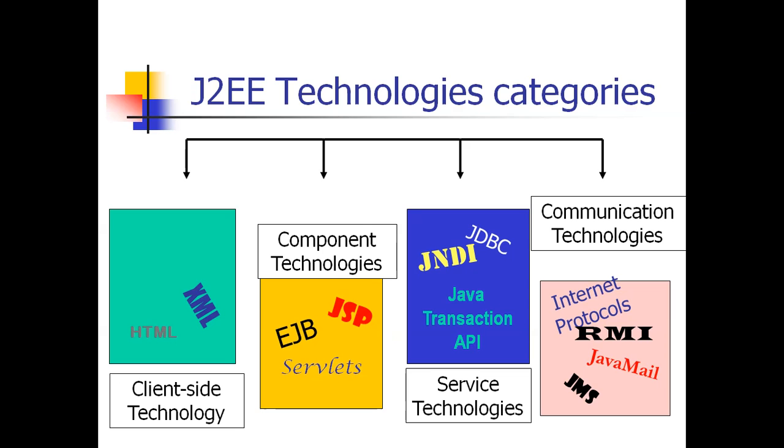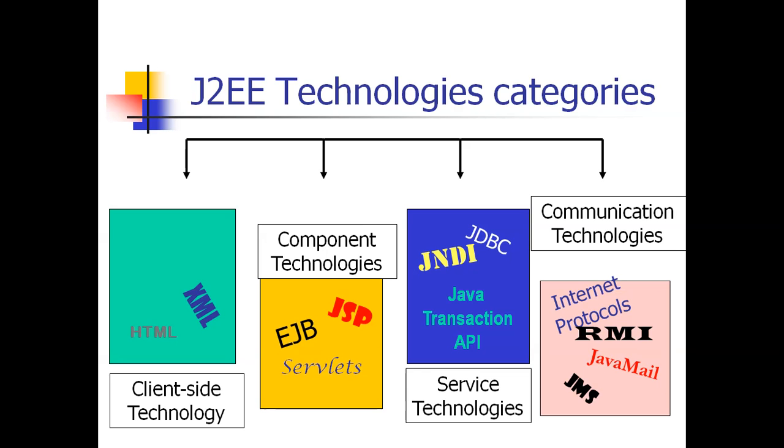So we can divide J2EE into different technologies. The first is client technology, the second is component technology. By this we can develop different components on the server, and the third one is service technology. So accordingly, for different services we design the software. We have different APIs, different protocols, and we can also use communication technology in J2EE, and these communication technologies are internet protocols, RMI (Remote Method Invocation), JavaMail, and Java Messaging Service.